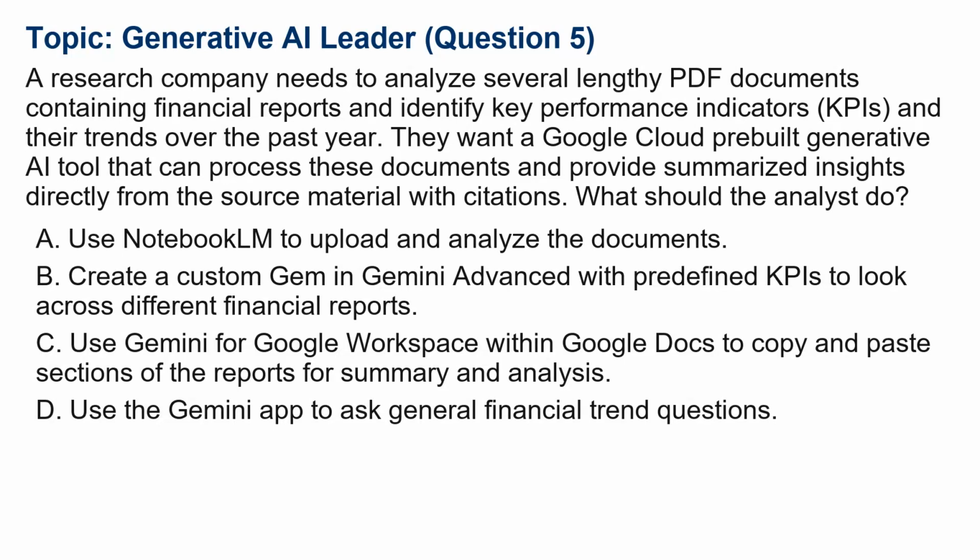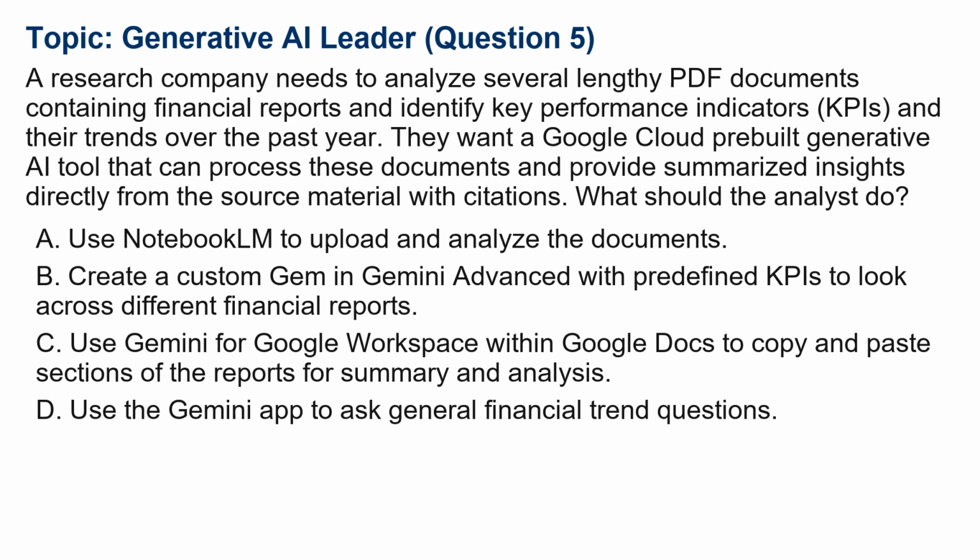A research company needs to analyze several lengthy PDF documents containing financial reports and identify key performance indicators, KPIs, and their trends over the past year. They want a Google Cloud pre-built generative AI tool that can process these documents and provide summarized insights directly from the source material with citations. What should the analyst do?